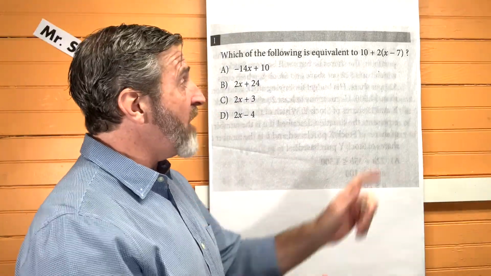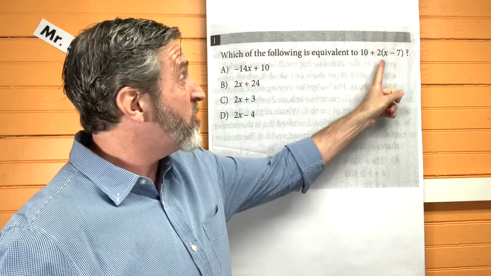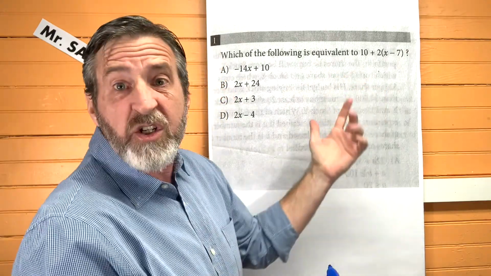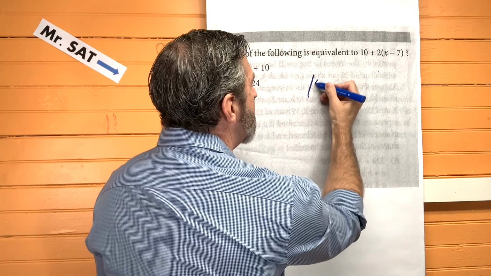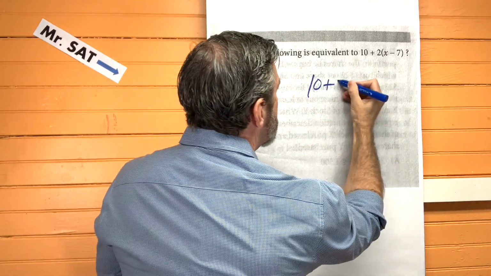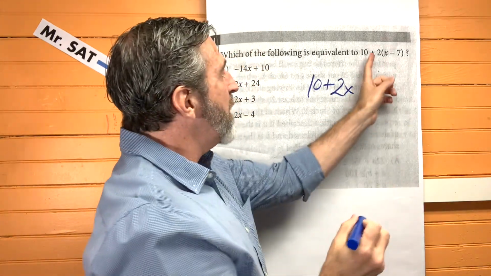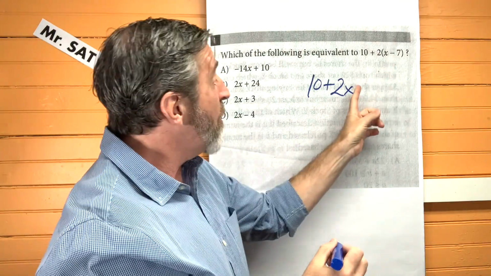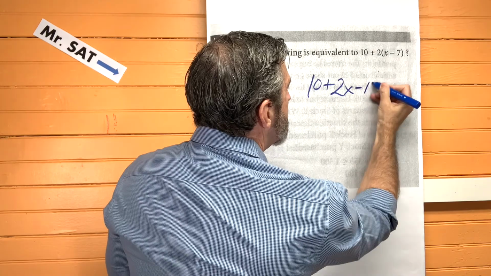So the only thing algebraically to do in this question is to distribute the 2. It's a pretty simple algebraic expression. So let's just rewrite it and distribute the 2 as 10 plus 2 times x is 2x, and then plus 2 times minus 7, which is negative 14, so minus 14.